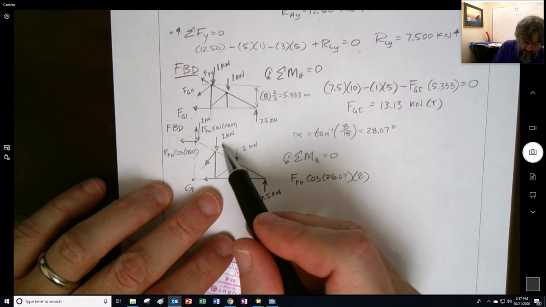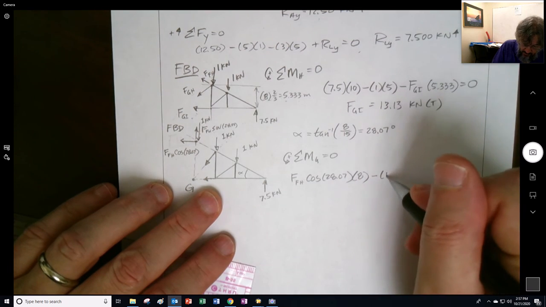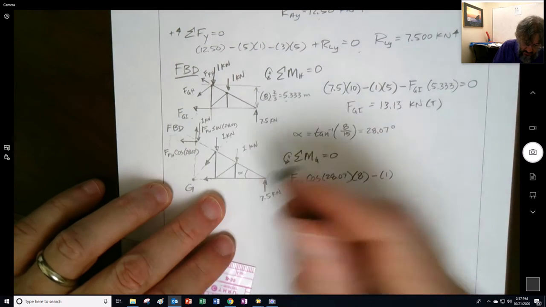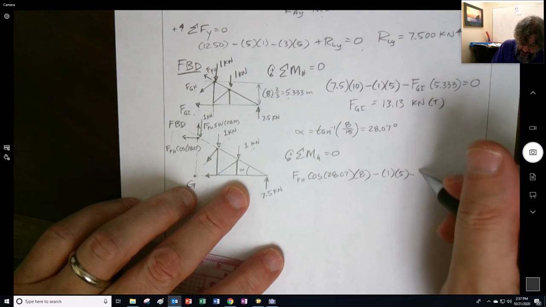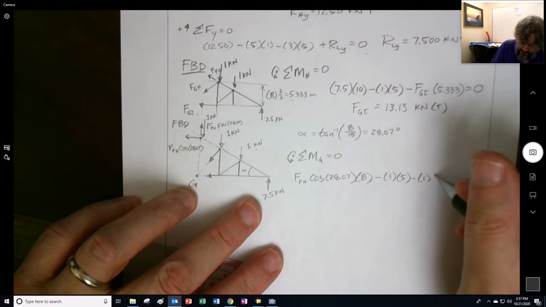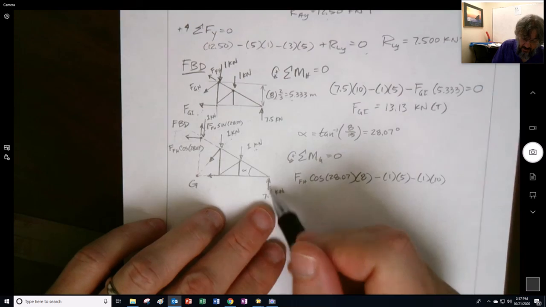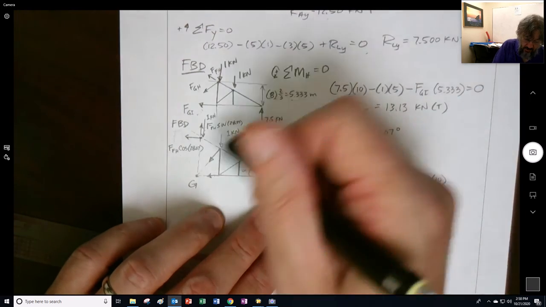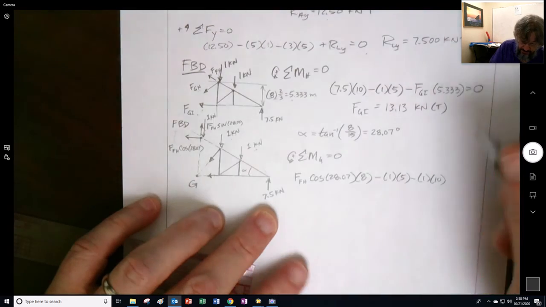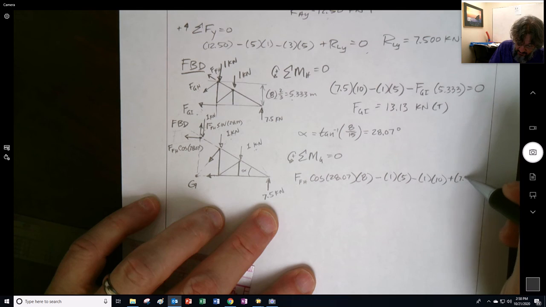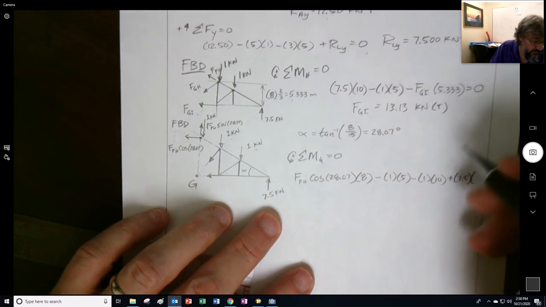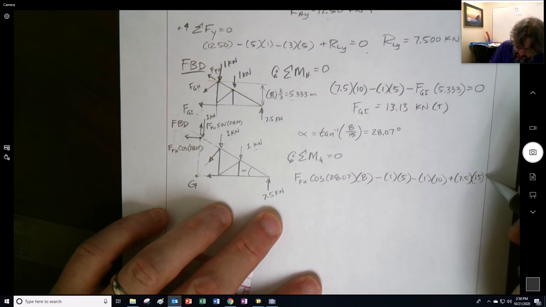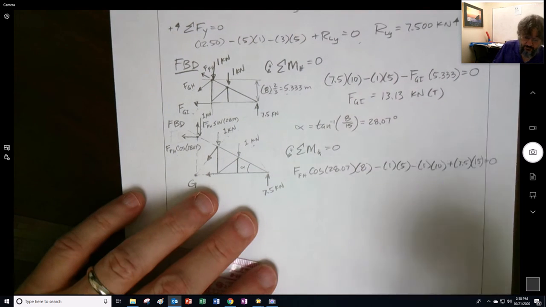Don't need this guy, do need this guy, so -1 times, his moment arm is 5, and then this guy right here is a -1, and his moment arm is 10, and then this guy is going counterclockwise about G, so he's a positive 7.5, and his distance should be 15. Is that right? Yep, 15, and it all equals 0.